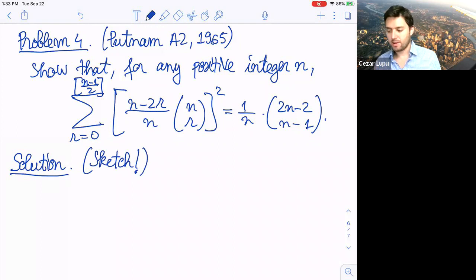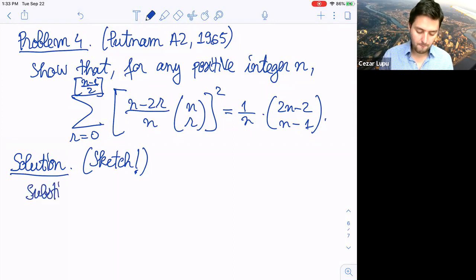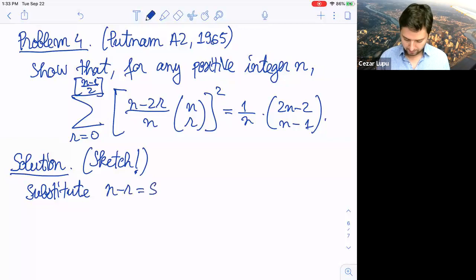Look at the statement. Now let's substitute, because I want to get rid of this guy, n minus r to be equal to a number s.